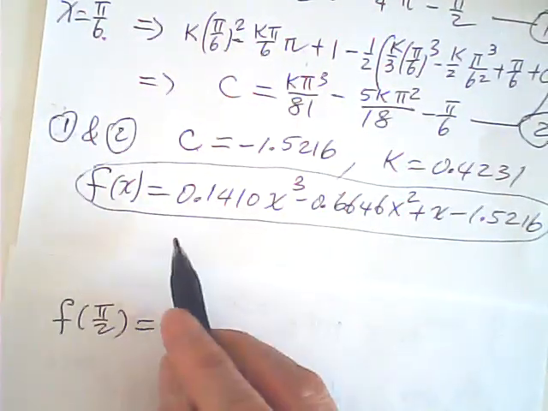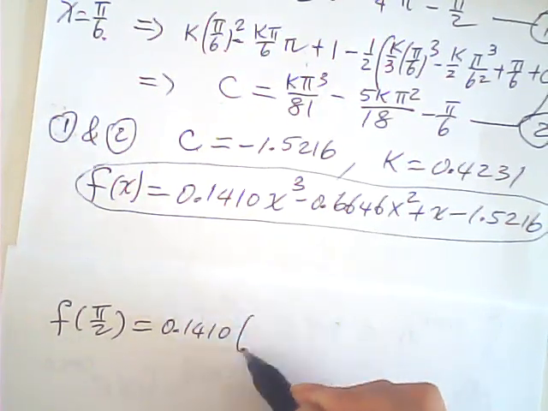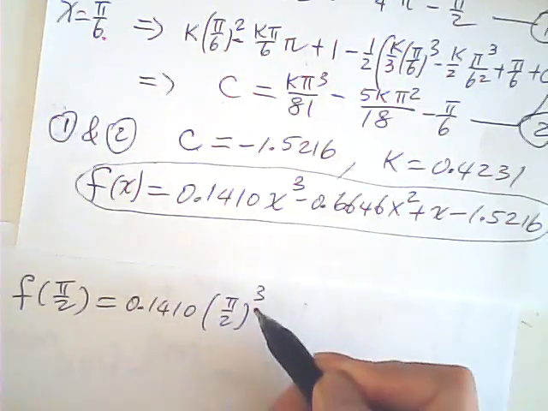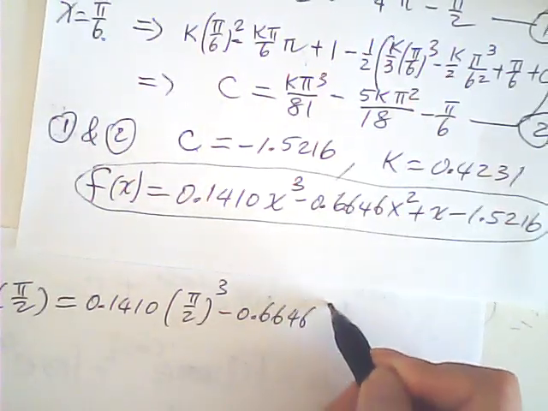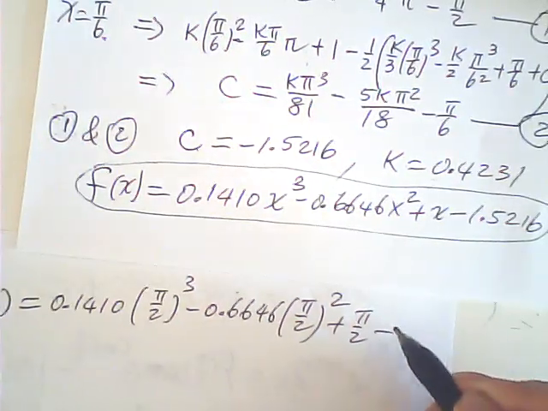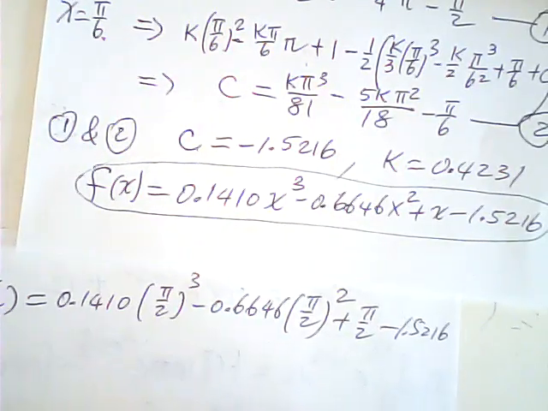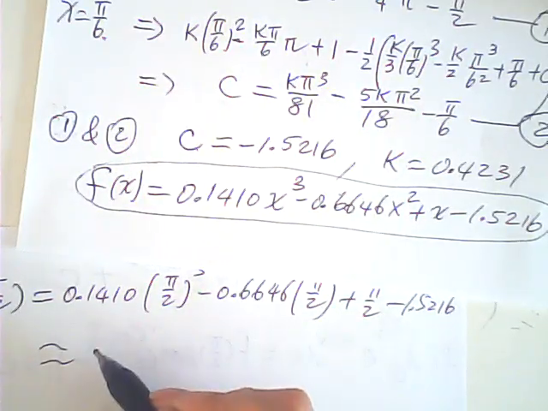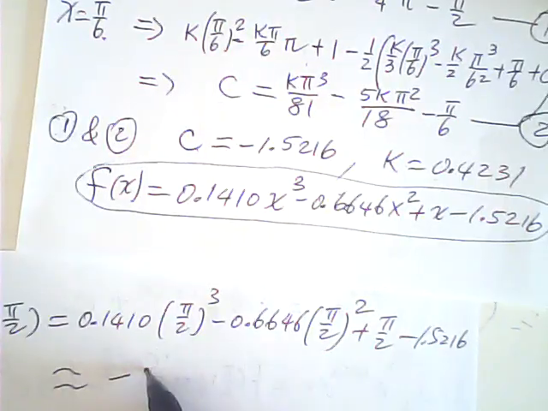Okay, so this is equal to 0.1410 times pi over 3 cubed, minus 0.6646 times pi over 2 squared plus pi over 2 minus 1.5216. This is approximately equal to negative 1.0441.